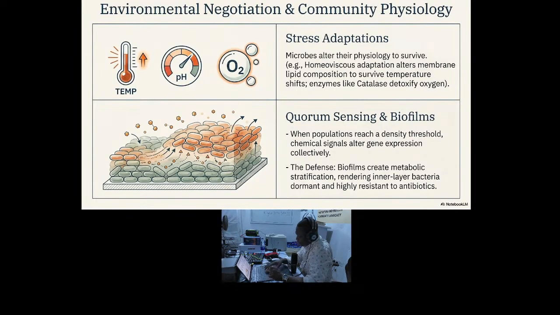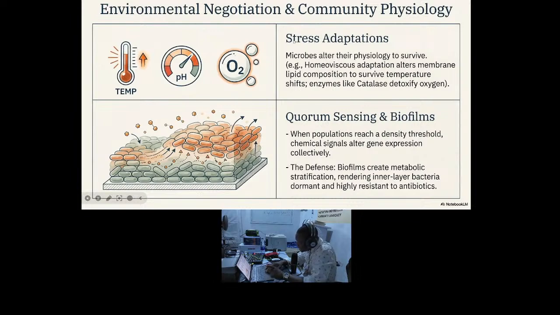Now, what are those important environmental conditions that have effects on the behavior or metabolic activity of any microorganism? Number one, increase in temperature, then the pH, then oxygen.